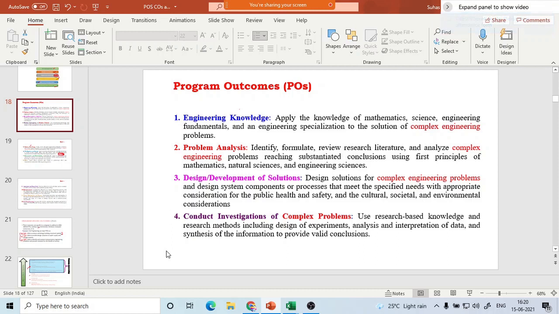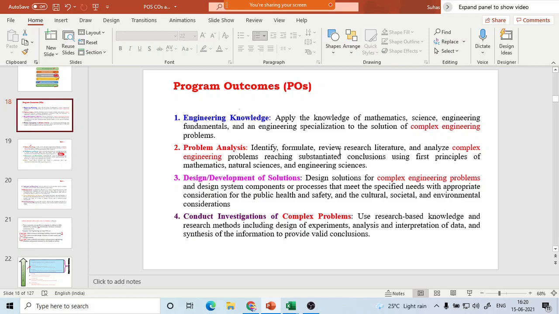Sir, while devising the program educational objectives, should the base be the program outcomes, or should the base be our mission? See, when we define a vision and mission, we put a general statement: my student should be an engineer with this kind of skill set. Now, to achieve this skill set, you look to the POs.